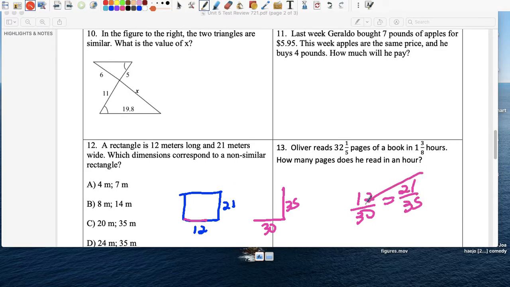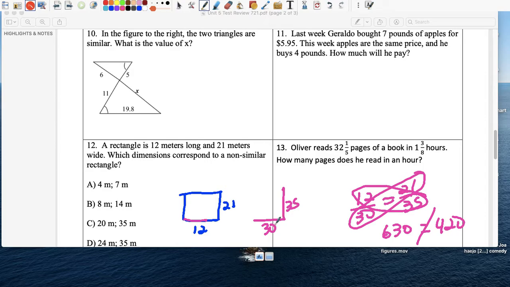So if you cross multiply, 30 times 21 you get 630, and 12 times 35 is 420. You can tell that these two are not the same, therefore these two rectangles are not similar.